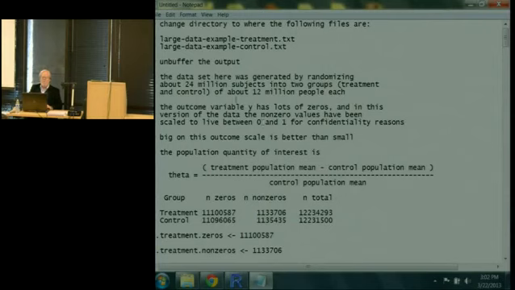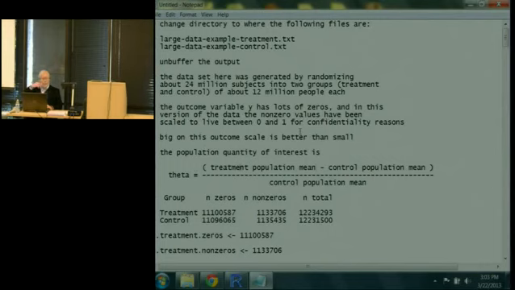What you need to know about this outcome variable is that big is better than small, and that the population quantity of interest is the treatment population mean minus the control population mean, divided by the control population mean. So we're looking for a relative improvement in the treatment story over the control story. That's our population parameter we're trying to learn from the data.